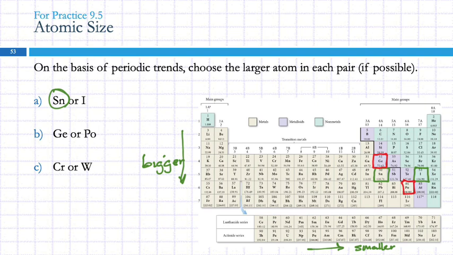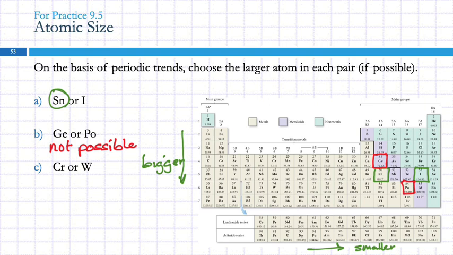So a fair answer here would be not possible, because the two trends are opposing each other. We could say it's not possible, especially since it gave us that out up here. Now, if you had to choose, this vertical trend is more important than the horizontal trend. So if I had to choose one, I would choose polonium. But I won't do that to you on an exam.